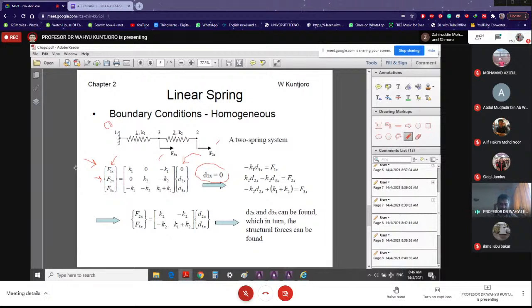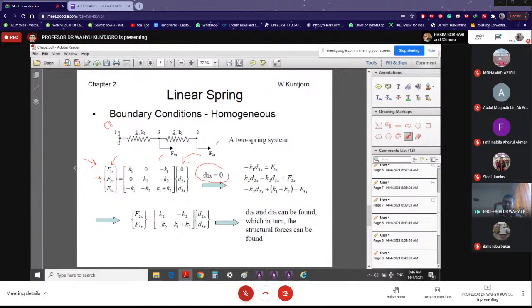Or no ladies around here at the moment? No. So according to one of the ladies here, the answer is no. No meaning that you do not know the value of external force at node number 2.